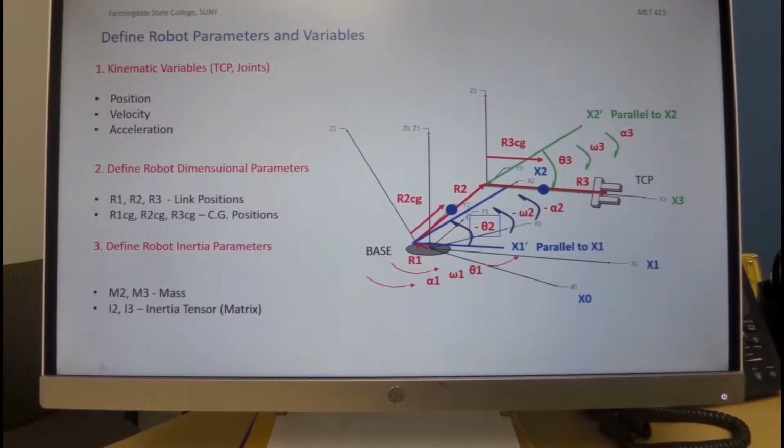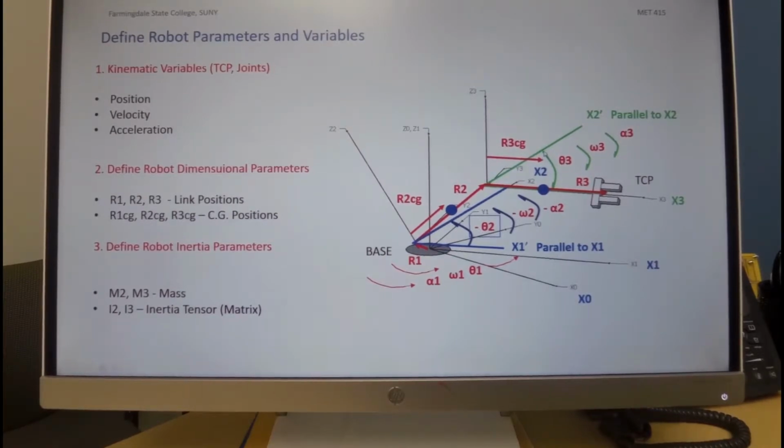However, if you look at x2, it is rotating in a positive direction of y2 as shown, but it is actually opposite to the right-hand screw. The right-hand screw in this rotation, as shown with this arrow, will advance in the other direction. That's why we have a minus sign here.